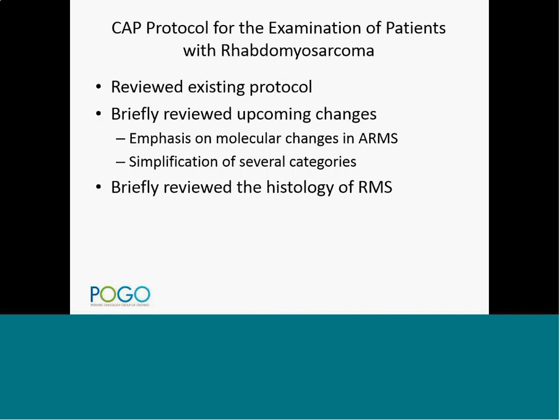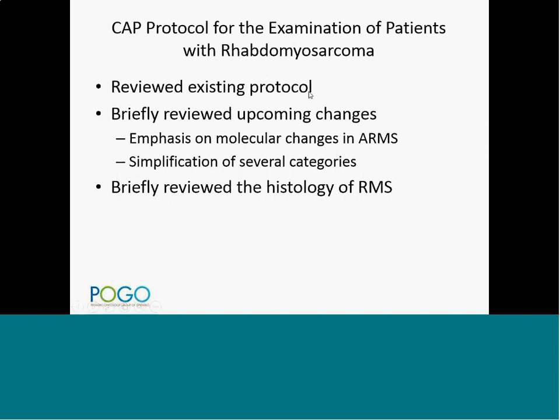My summary slide. What we've done today is reviewed the existing protocol and, I guess, given some explanation as to what each of the categories in that protocol mean and how to interpret those categories and how best to fit the rhabdomyosarcoma into each of the subcategories.